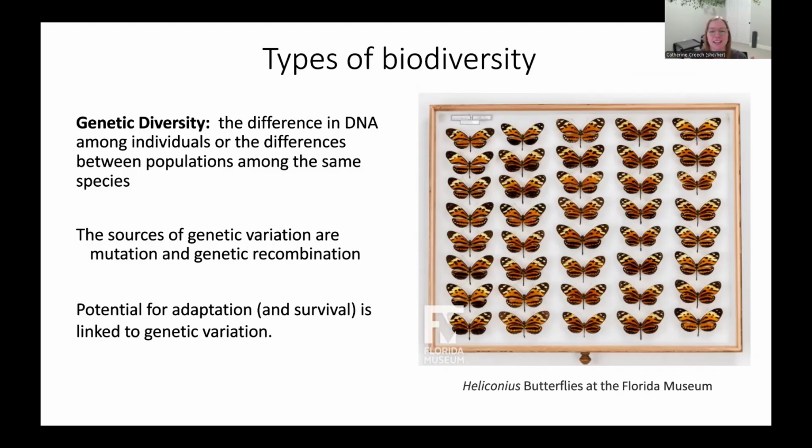And those differences can possibly lead to adaptations. And those adaptations can possibly lead to your species changing over time. And so that's why we're really interested in genetic diversity, is we think it's kind of the root of change and sustainability for a species as an ecosystem changes, giving us like the driver of natural selection.